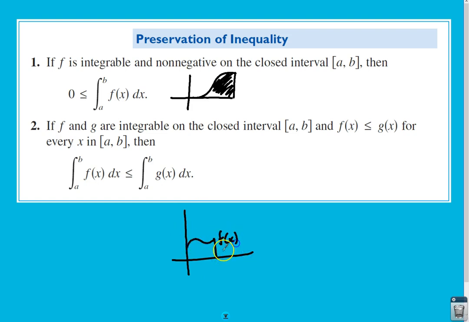Here's f of x, and the area of f of x would be all of that stuff right here. Let's say g of x was greater than or equal to f of x, so there's g of x. That means the area of g of x would be greater than or equal to the area of f of x. That just seems pretty straightforward, okay?